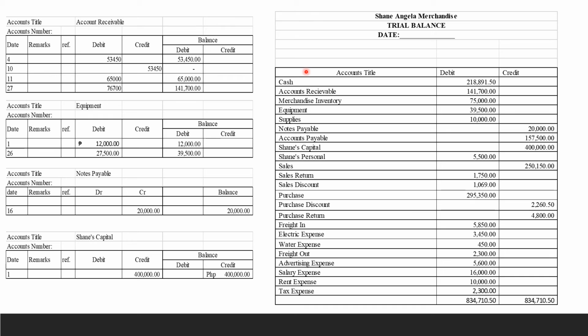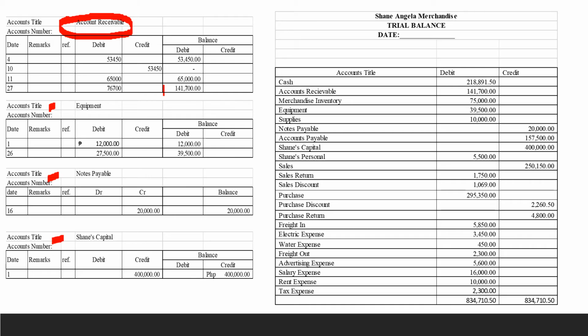So, let's start our discussion kung paano ba ililipat ang information from the ledger to the trial balance. Sa ating right side, makikita natin dito na meron tayong ledger ng account receivable, equipment, notes payable, and change capital. So, isa-isahin natin. Dito sa accounts receivable, may tinatawag tayo na open balances.